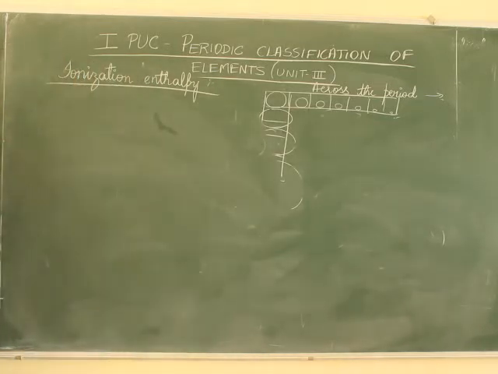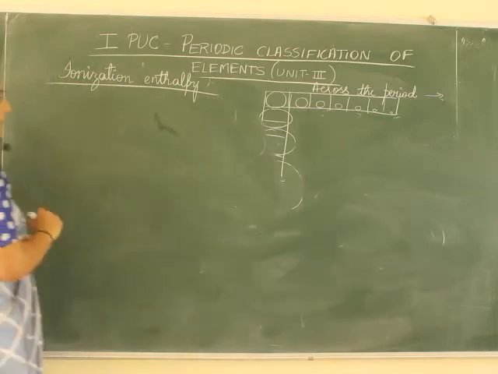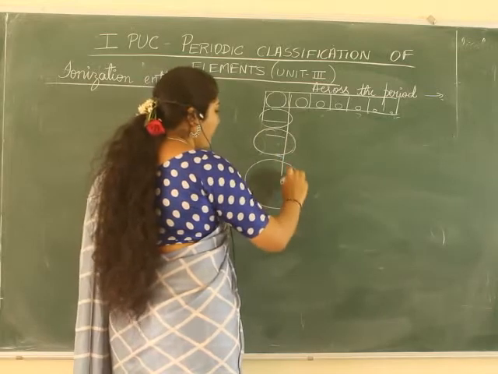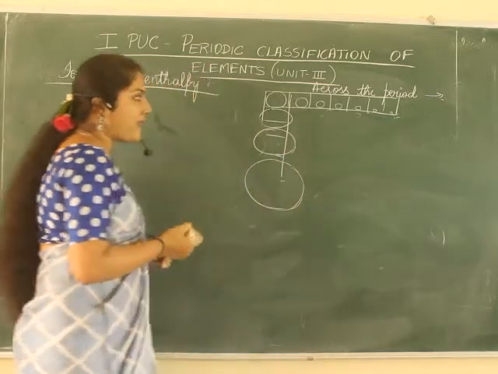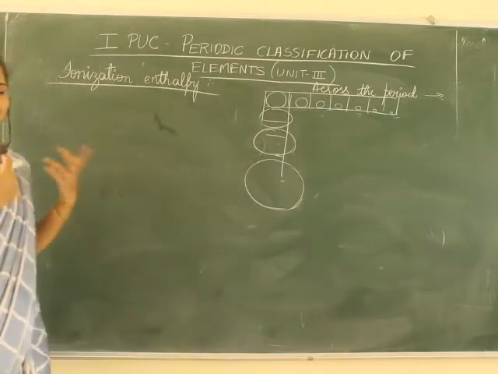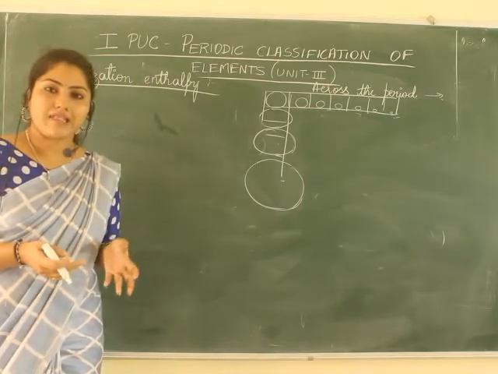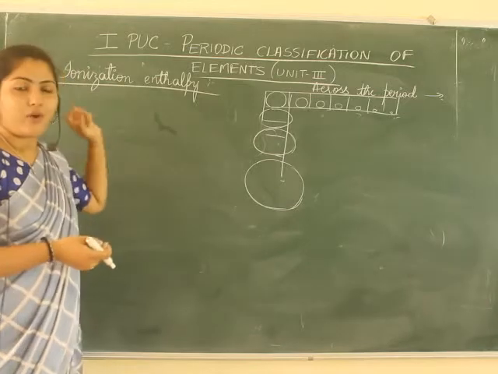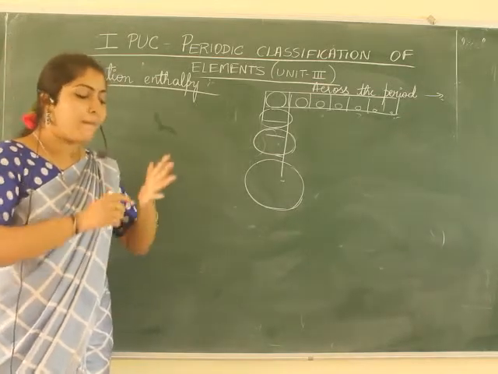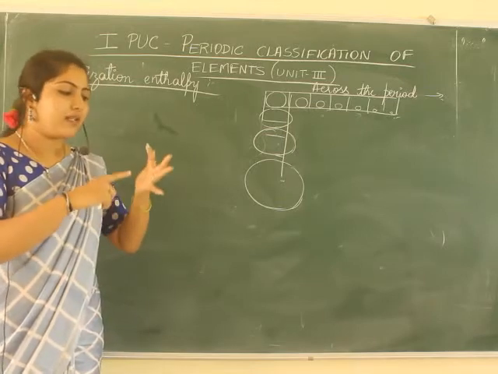Now ionization enthalpy, what is it? I erased this because I had told you, once you understand the atomic size concept, then the concept of ionization enthalpy or any other concept becomes easier. This is one more important property called ionization enthalpy. What we have studied now is atomic radii and ionic radius.